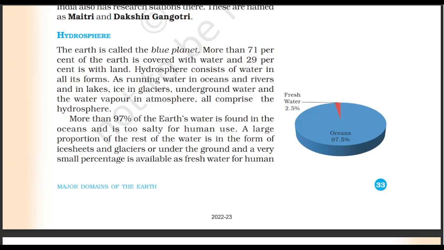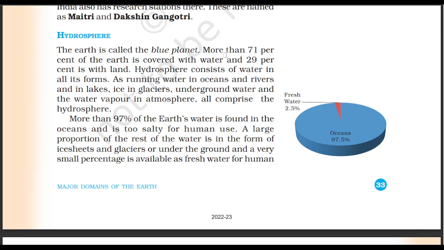Now come to the hydrosphere. What is the hydrosphere? Earth is called the blue planet, meaning Earth is the only planet where water is found. More than 71% of the Earth is covered with water and 29% is land.